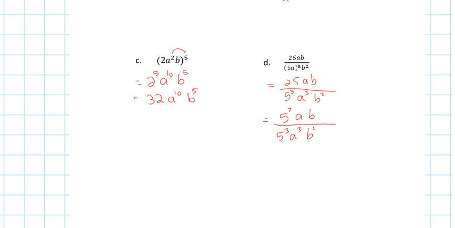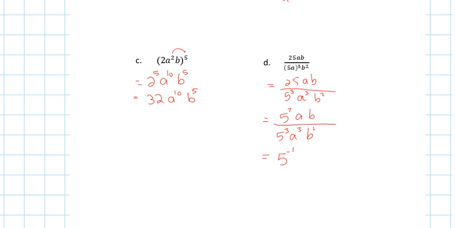Now let's see. I have 5 squared divided by 5 cubed. What does that do? 2 minus 3, so 5 to the power of negative 1. How about a divided by a cubed? 1 minus 3, a to the power of negative 2.